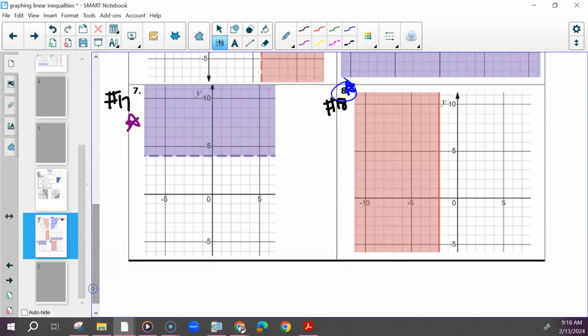Alright, and then number 8. This is a vertical line, so we're going to be using our box again. Because it's vertical, it has to be an x inequality. It's a solid line, so less than or equal to or greater than or equal to. It's at 3. So which symbol would that be?